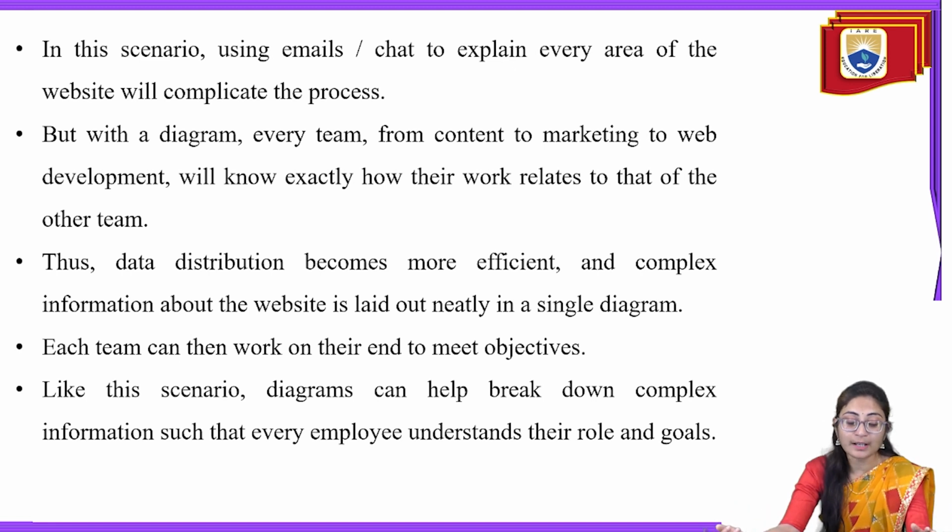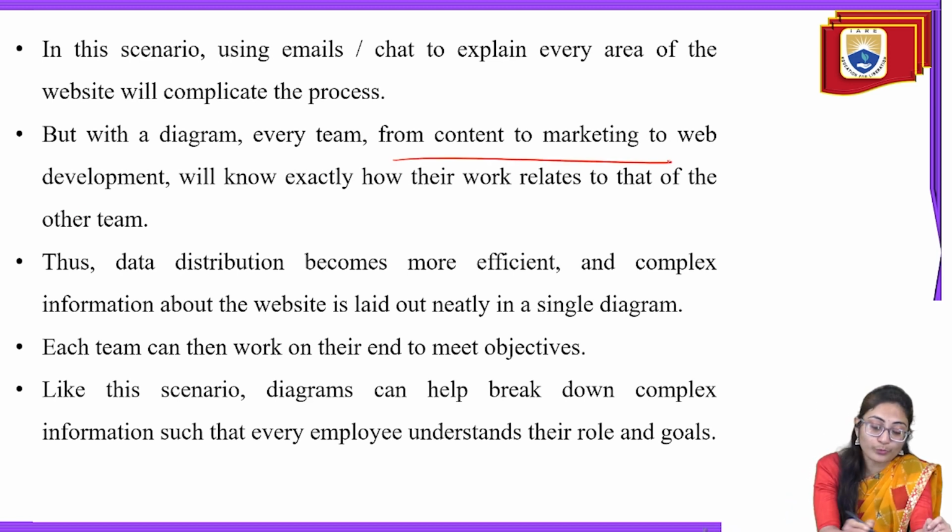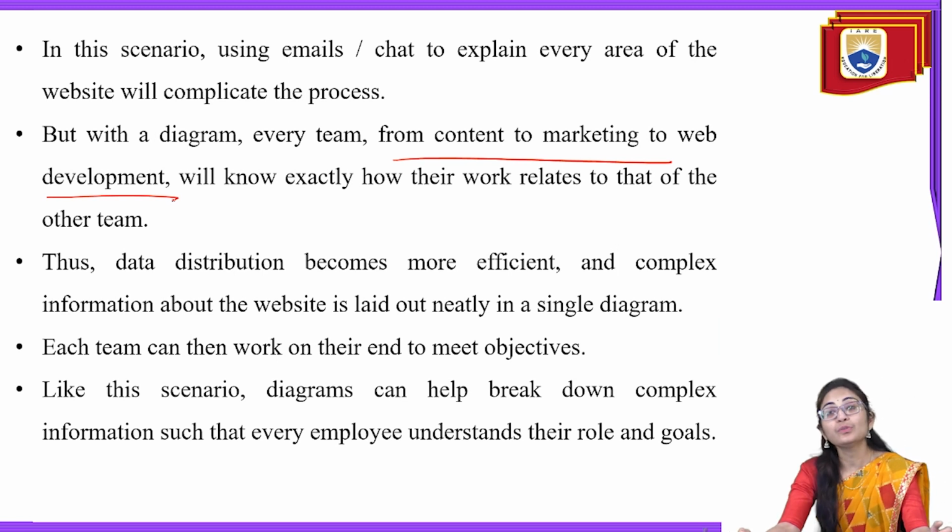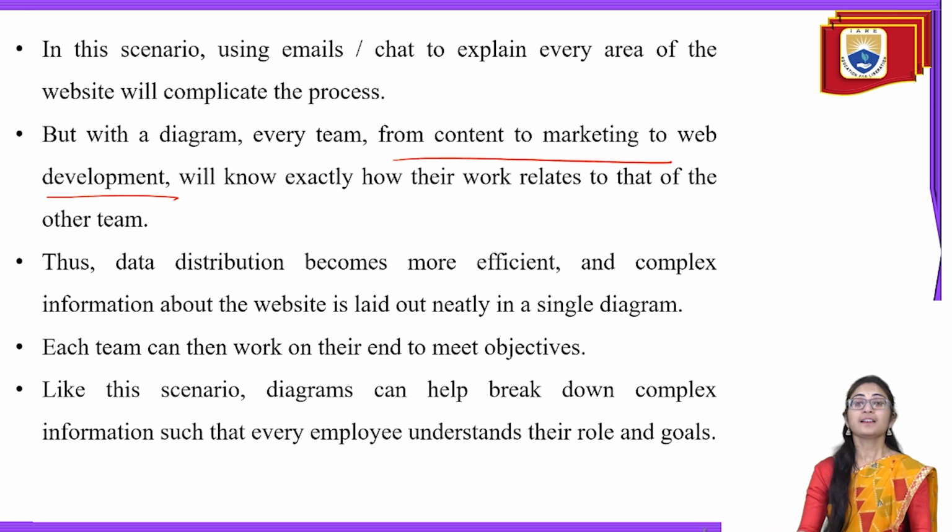But with the diagram, every team from content to marketing to web development will know exactly how their work relates to that of the other teams. Thus, data distribution becomes more efficient and complex information about the website is laid out neatly in a single diagram. So each team can then work on their end to meet the objectives.